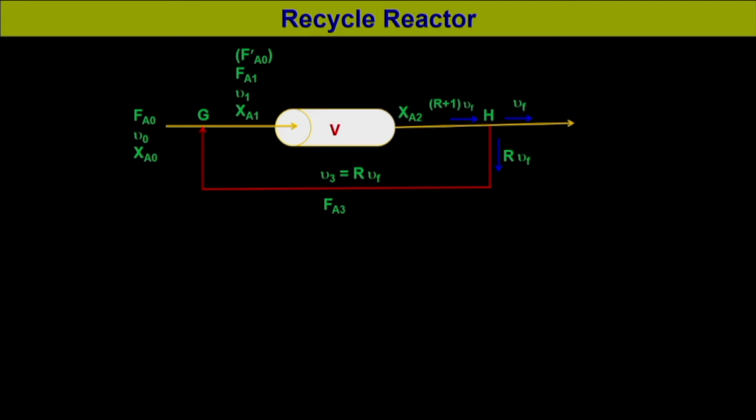The flow entering the reactor is (R plus 1) Vf, and the product taken out is Xaf, which is equal to Xa2, because the same outlet product is recycled back to the reactor entrance.